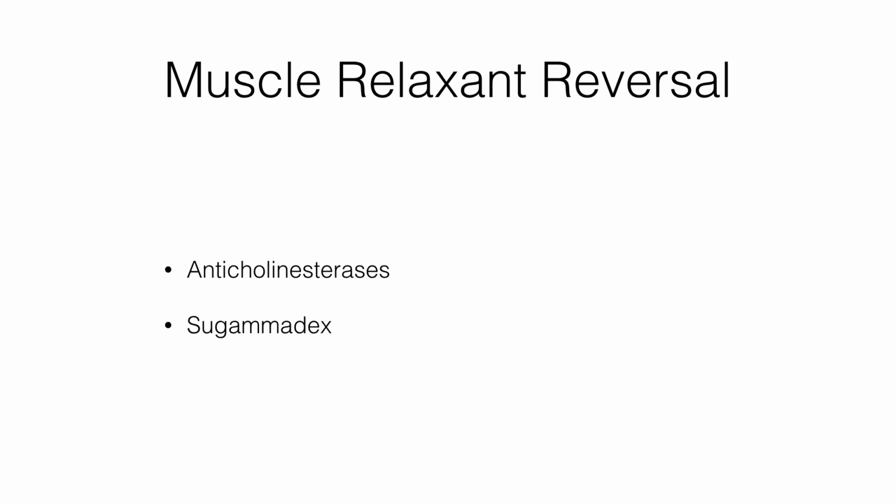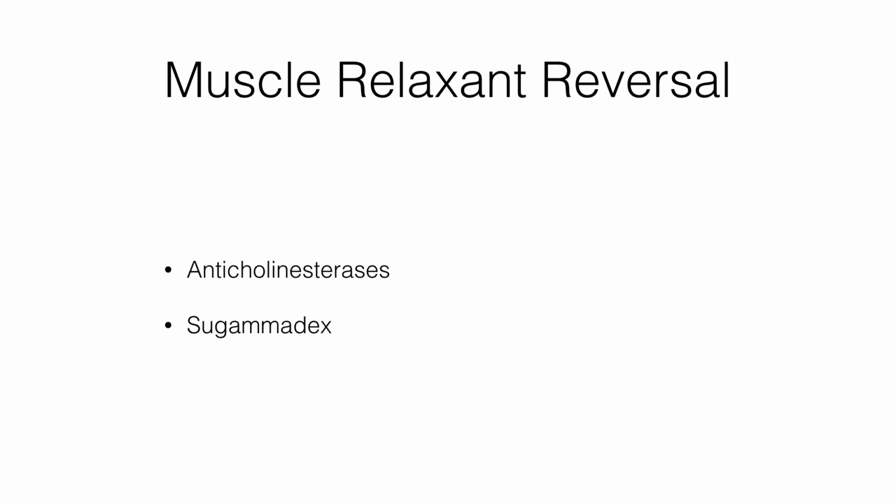So while anticholinesterases are used routinely to reverse the effect of muscle relaxants at the end of a case in the operating theatre, they're not so helpful in the setting of failed intubation, because they generally aren't given until at least 15 to 20 minutes after administration of the muscle relaxant.